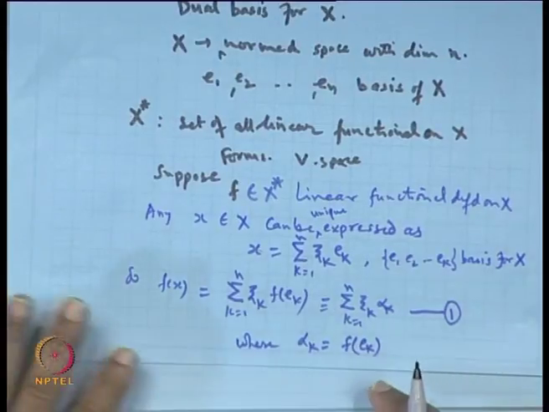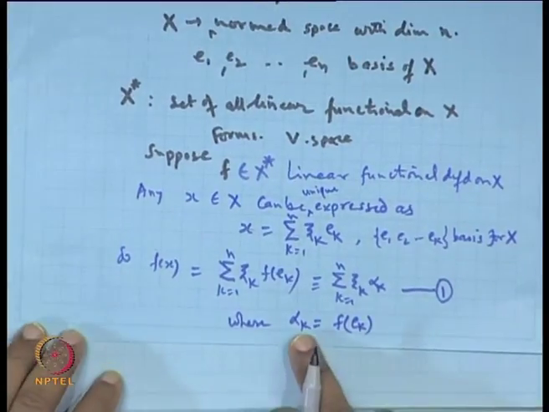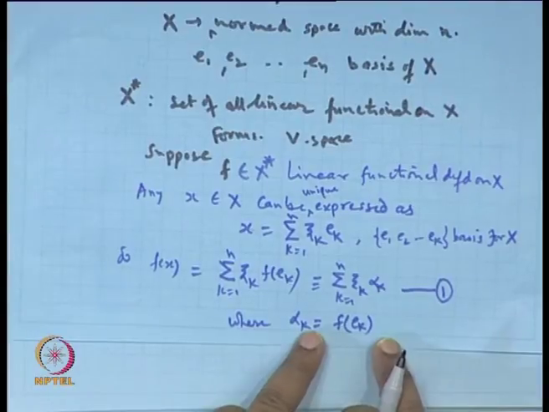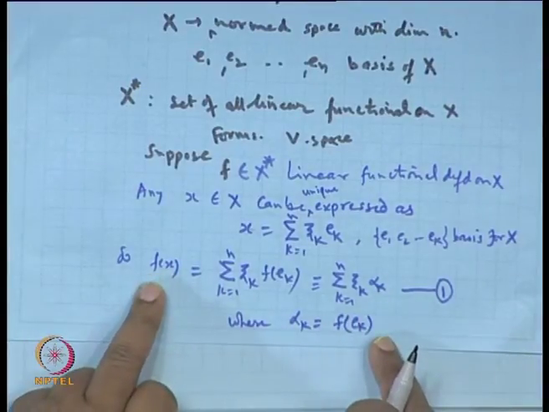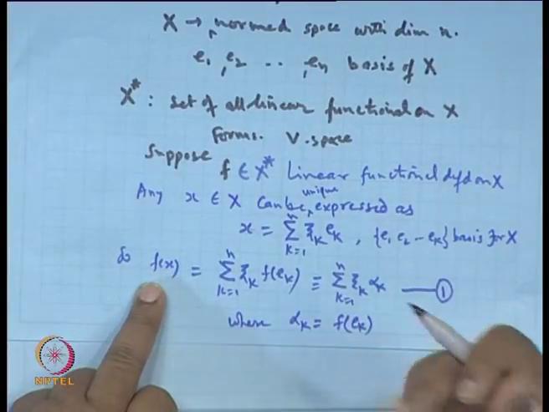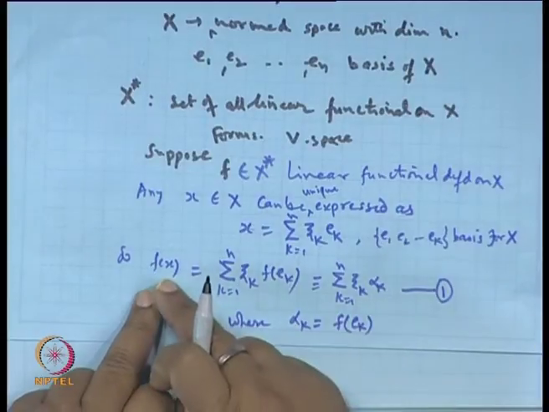If I think in the converse direction, suppose alpha 1, alpha 2, ..., alpha n are given, then also we can find the f, clear. So, for any choice of alpha 1, alpha 2, ..., alpha n, one can obtain f.